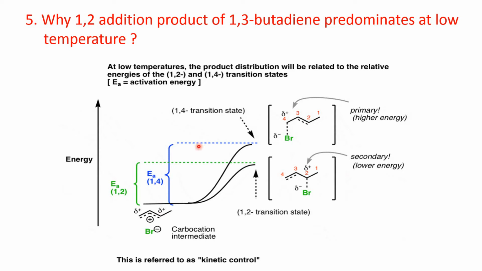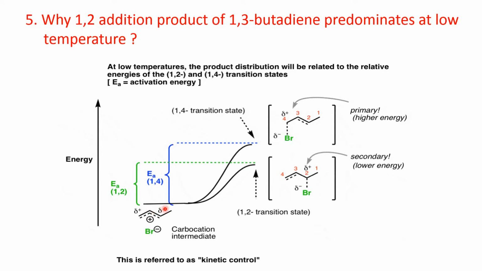Whereas the energy of the transition state of the reaction, when it proceeds through this unstable or less stable carbocation, which can lead to the 1,4 product, is higher. So here this activation energy is more, as for this 1,2 addition which proceeds through this more stable carbocation, the activation energy is less, and low temperature means much energy is not available.